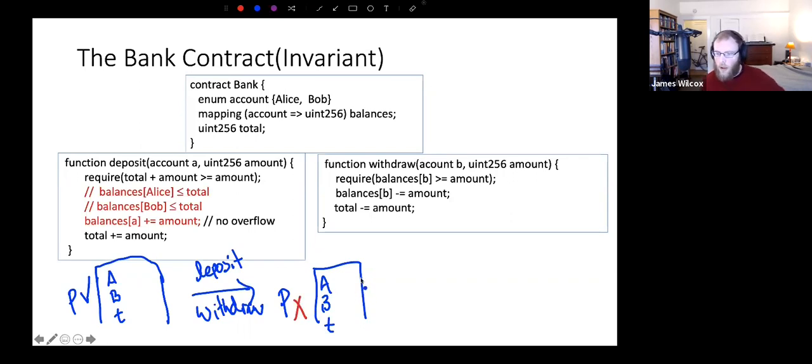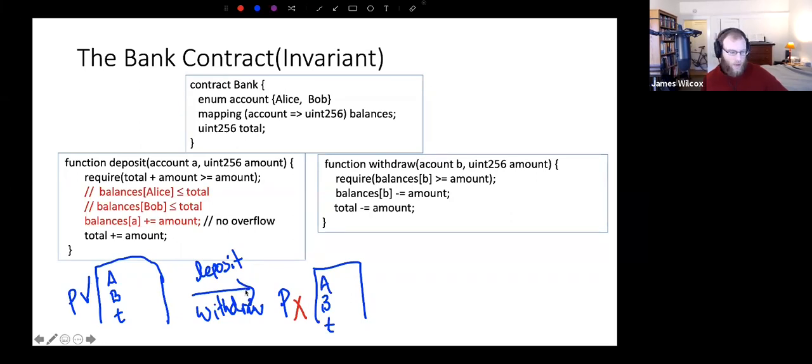Okay. So I think what Jared was saying about overflow was basically, if you took a step where overflow occurred, then that could definitely cause you to violate it, right? If total overflowed to 0 or some really small number, that might be less than some of the balances. But the thing is, that's not a step of this contract, right?